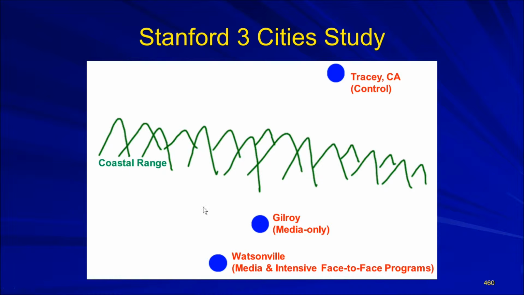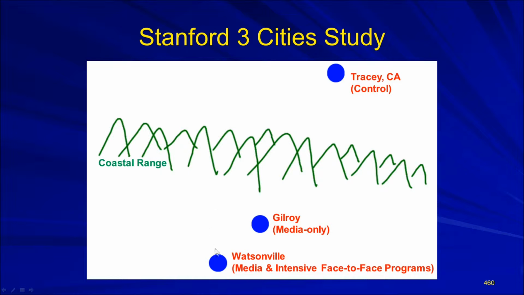Now, between Gilroy and Watsonville, we randomly assigned the city or the unit, depending on your phraseology, as to who is going to receive the super duper treatment and who was not going to receive the super duper treatment. Obviously, Tracy didn't receive it because they were not in the viewing area and we didn't want them to be.